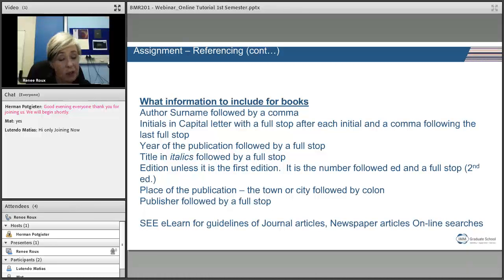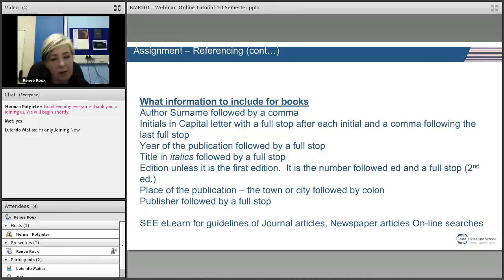Then the initials of the author in capital, followed by a full stop between each capital if there's more than one initial. So let's say you use me, my surname Roo, comma. C, capital C, full stop, J, full stop, and then a comma. Then the year of the publication, full stop.